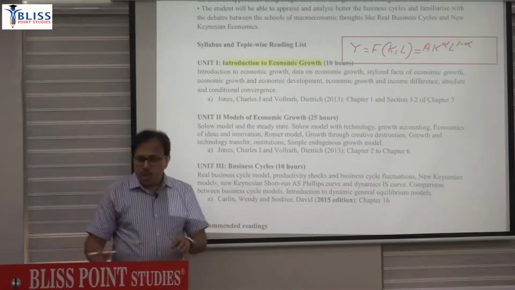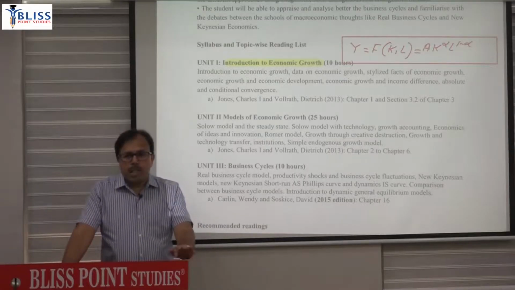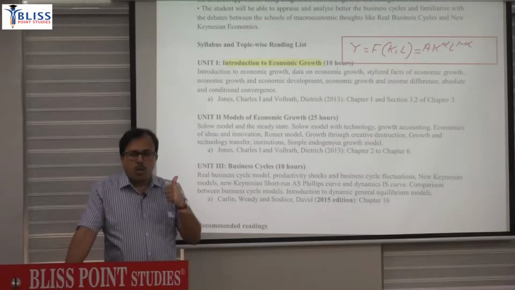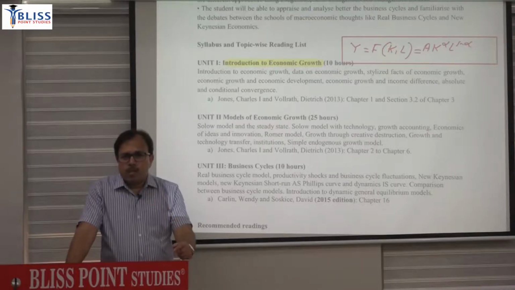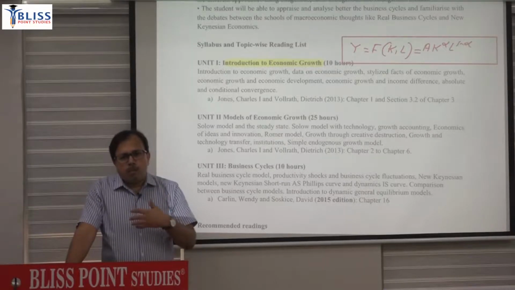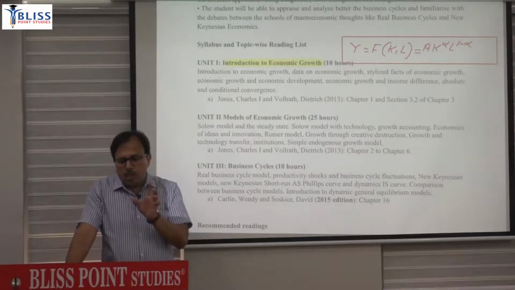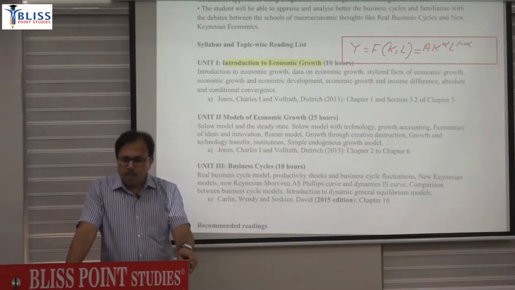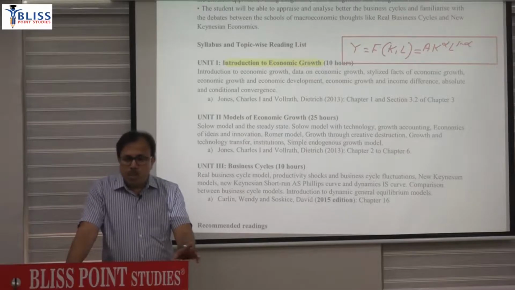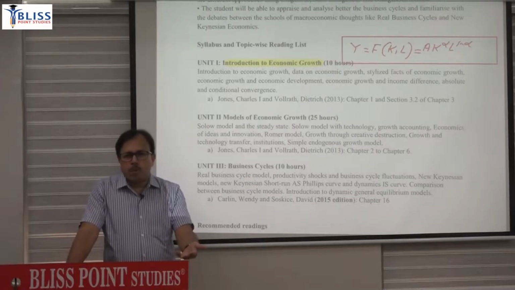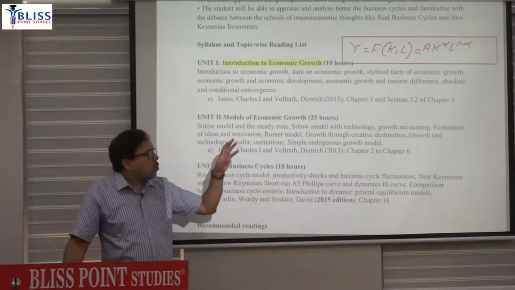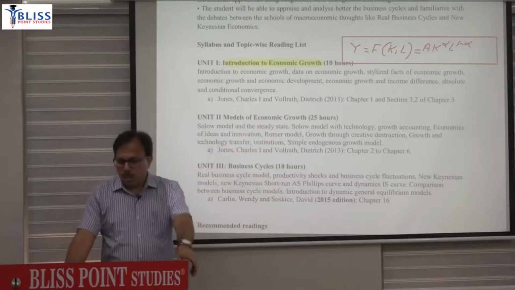So Y as a function of capital comma labor means that GDP of the economy depends upon the stock of capital, labor force and, repeat here, technology. Although growth may depend upon various other factors, we will basically be using this function, the Cobb-Douglas production function. So according to it, the GDP will be a function of stock of capital, labor force and technology. So obviously the growth will be determined by the growth of technology, growth of capital stock and growth of the labor force. So we will be using that part to explain the growth process.